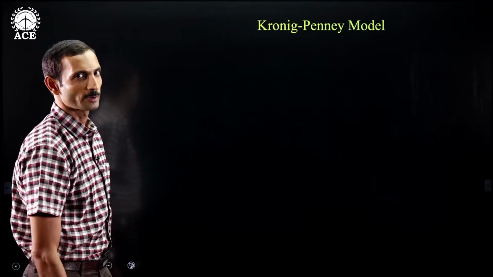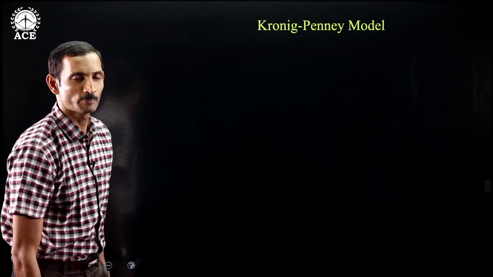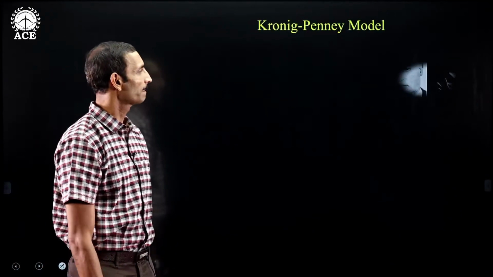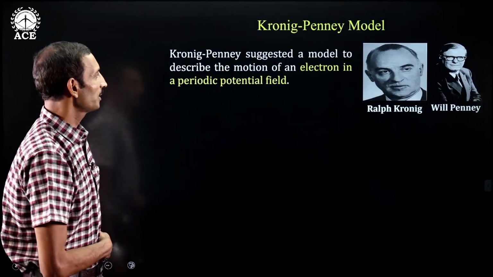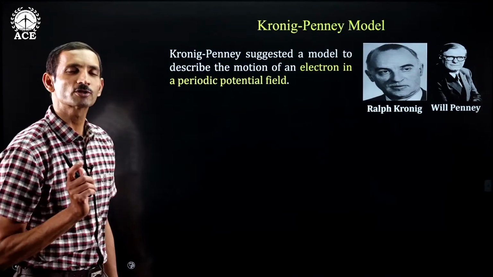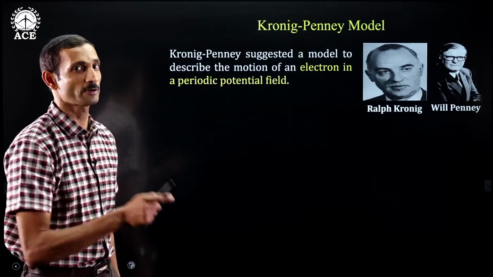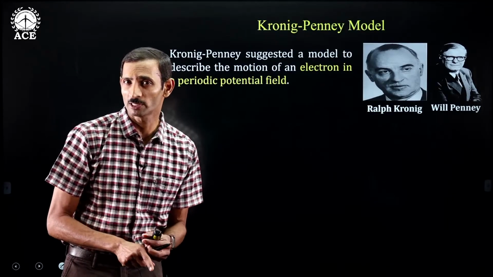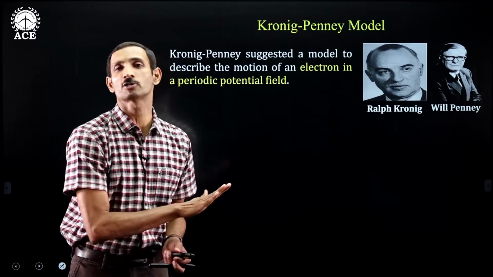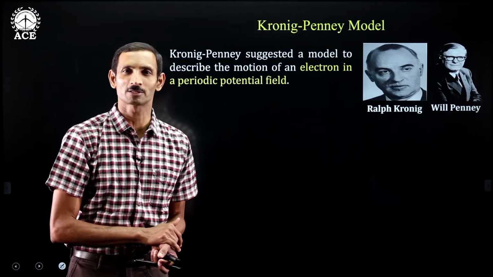Now I am going to talk about the Kronig-Penney model. Very important as far as examination is concerned. Now what is this model all about? Kronig and Penney suggested a model to describe the motion of electron in a periodic potential field. Just now I told you what a periodic potential field is. You still have a doubt? We are talking about metals.